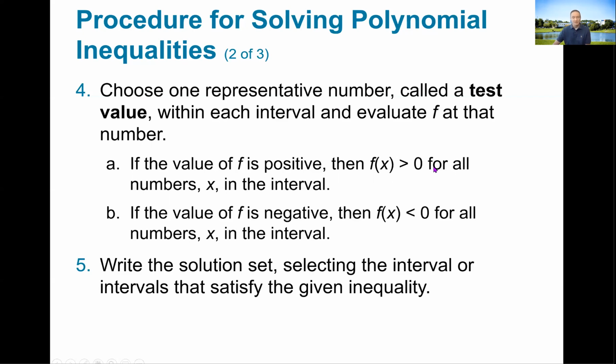It's in between -3 and 5. Then we're going to plug those into the original polynomial inequality. And if it gives us a true statement, then that region is a solution. If it gives us a false statement, then that region is not a solution. Then we'll write our solution set, selecting the interval or intervals that satisfy the given inequality.